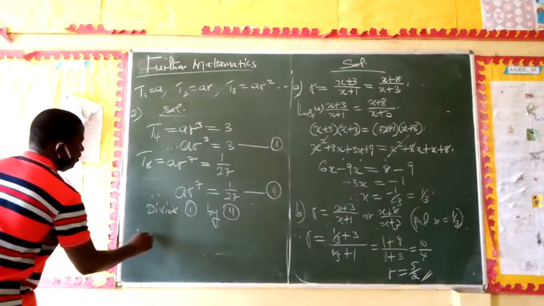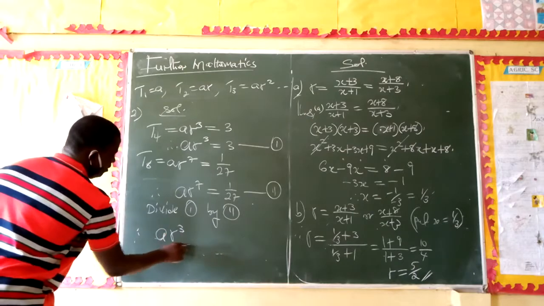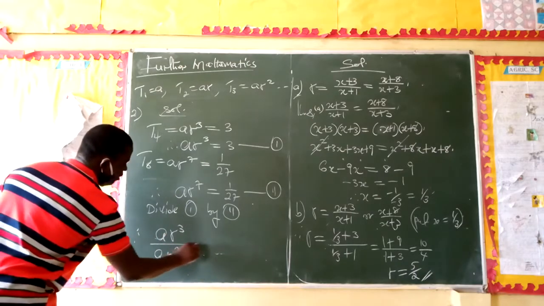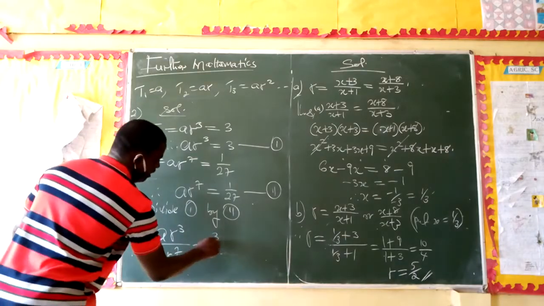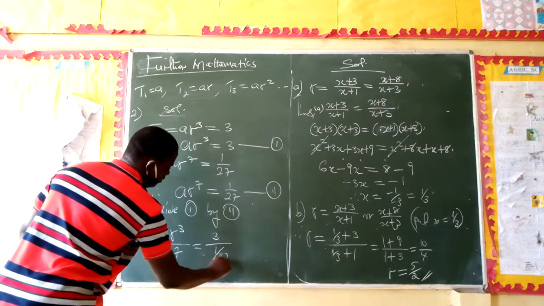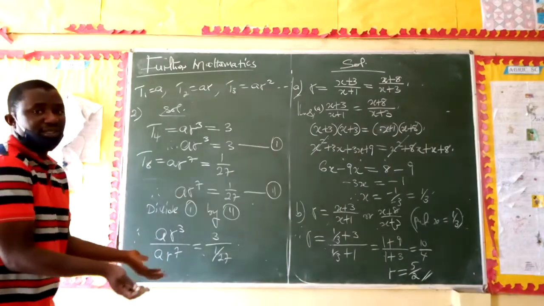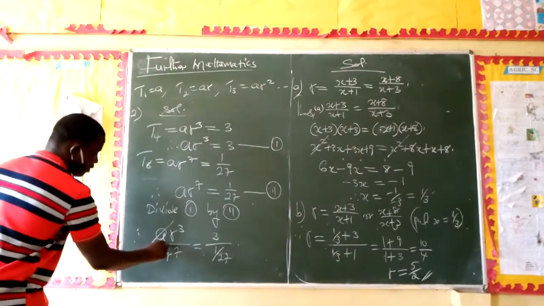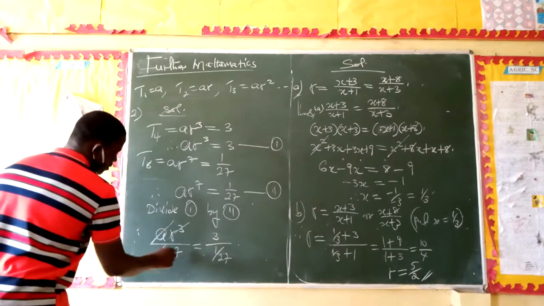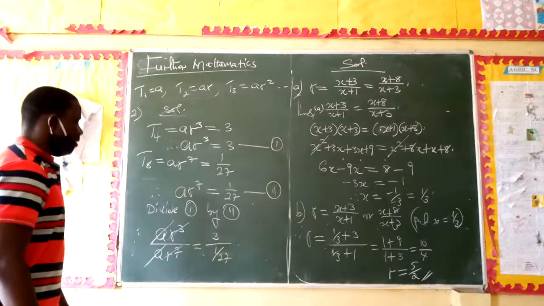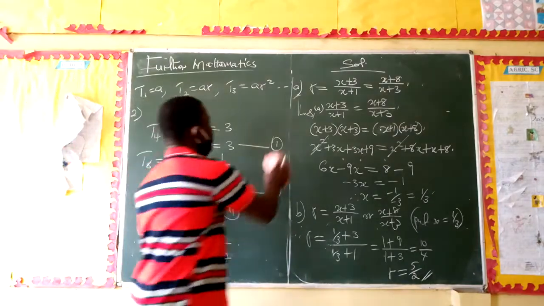I'm going to have AR raised to power 3 over AR raised to power 7 the same as 3 over 1 over 27. See how clearly I'm writing this? And so this goes off with this, and then this goes off with this. I will have 1 over R raised to power 4 left there.